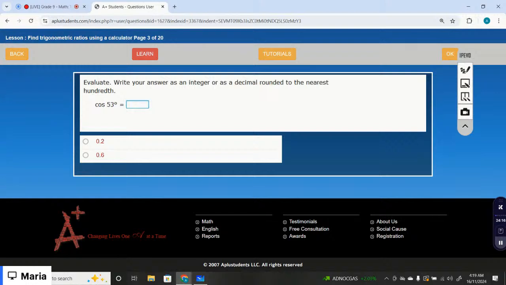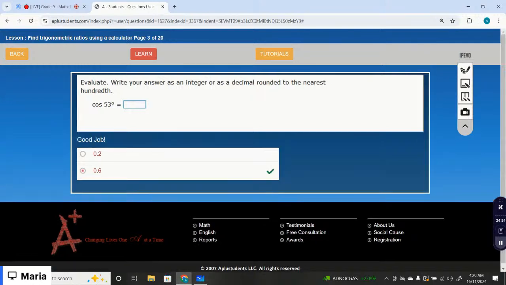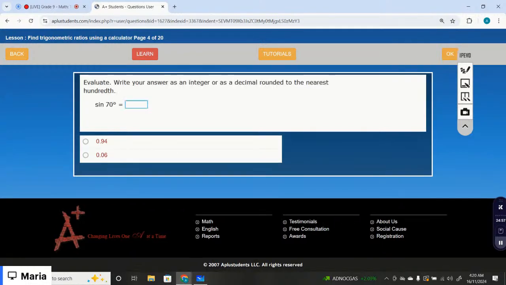Cos 53. So cos 53 equals, that is 0.6. Option number 2 is the correct option. Sin 70, which is the correct option?